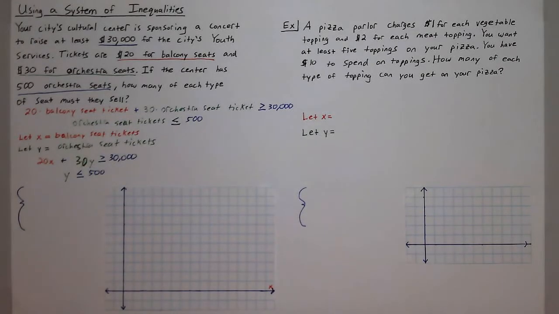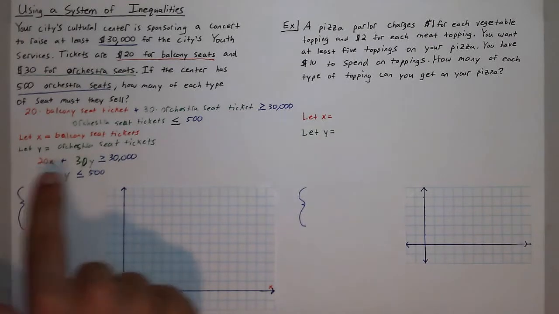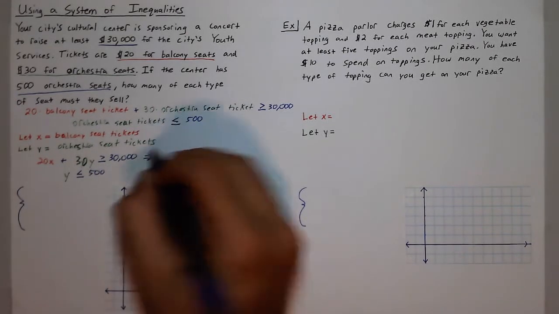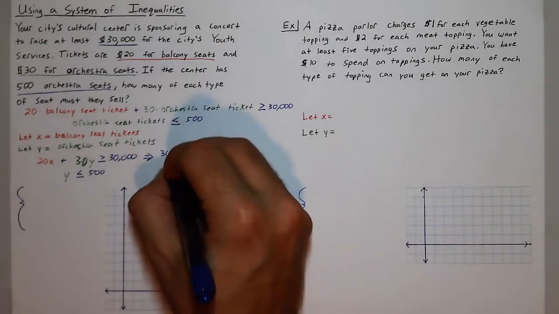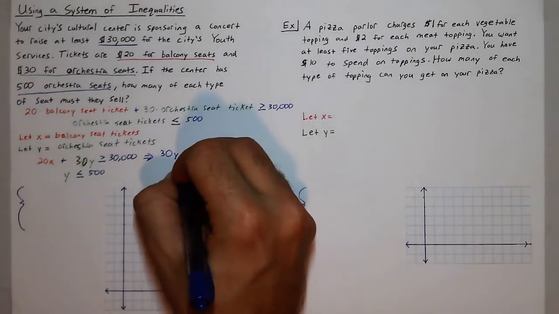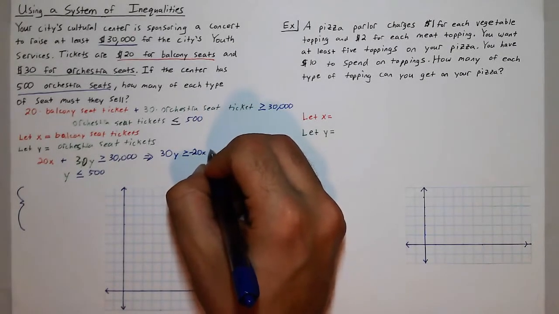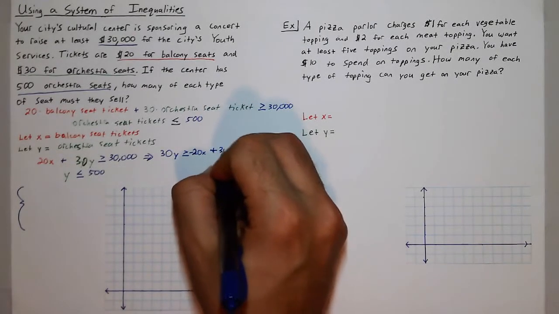So if I wanted to graph to find these solutions, I would need my 20x plus 30y to be in slope-intercept form, which I can do by subtracting 20x. That gives me 30y is greater than or equal to negative 20x plus 30,000.